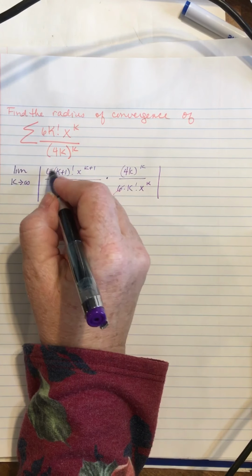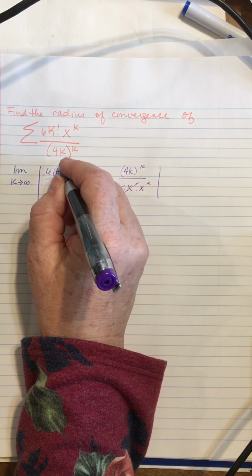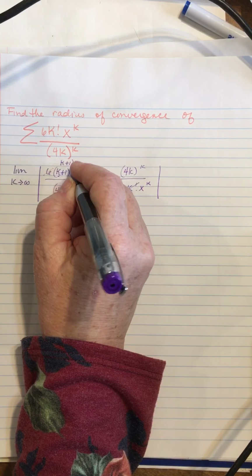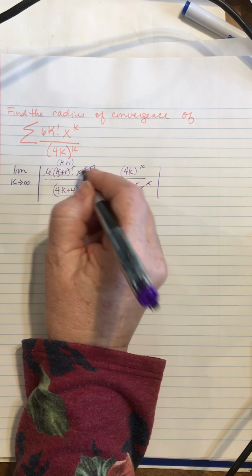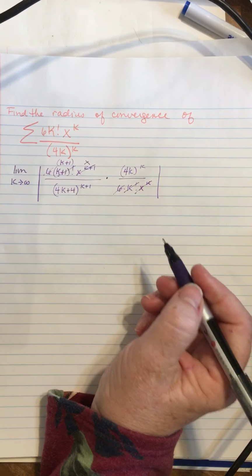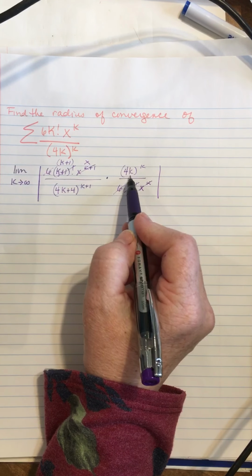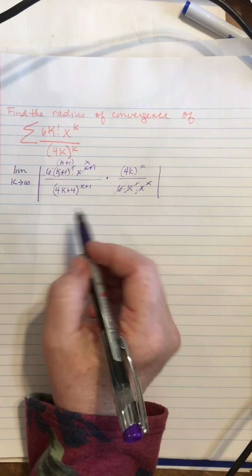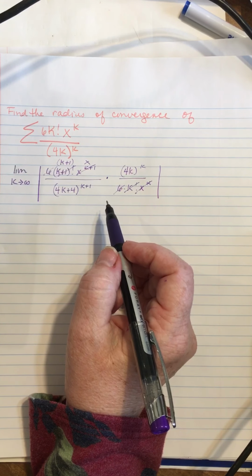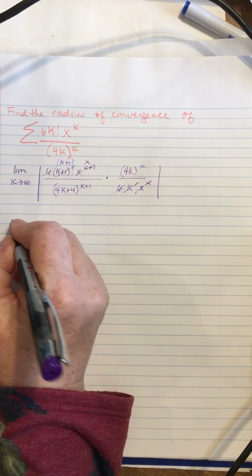The 6's will cancel. This k factorial will cancel with that k plus 1 factorial and leave a k plus 1 in the numerator. X to the k cancels with x to the k plus 1 and leaves an x. And then we have (4k) to the k over (4k plus 4) to the k plus 1, which can't cancel because of the difference in the base here. So let's see what we've got so far.